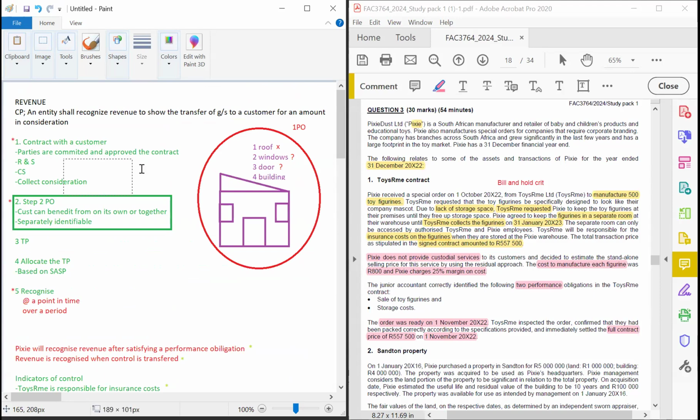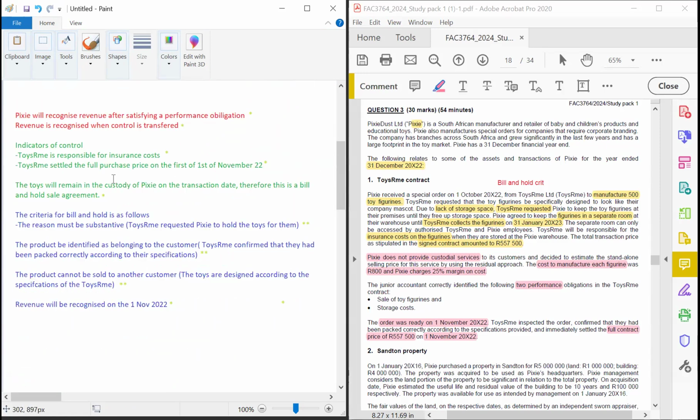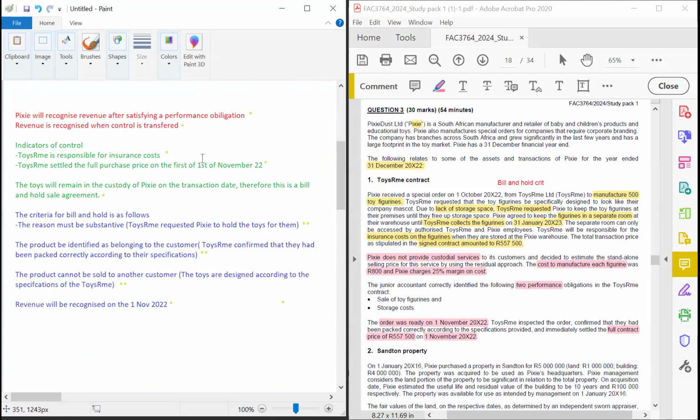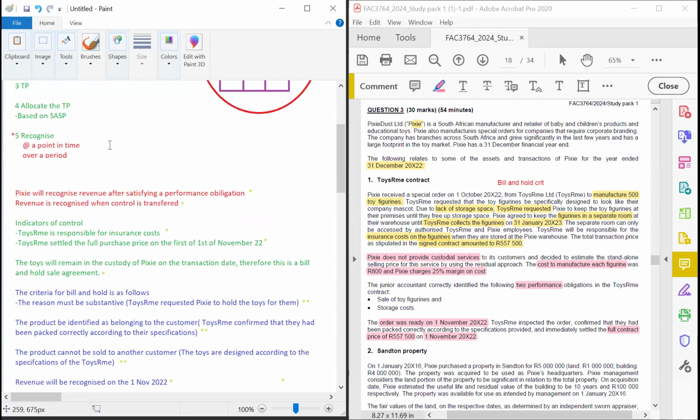The contract, we did not need to state whether the contract exists because the question told us there's a Treasury contract, so I'm not going to argue with the question. Essentially, I discussed the core principle of revenue, and then I concluded the recognition of revenue, step 5. So nothing much that I did, but I excelled.